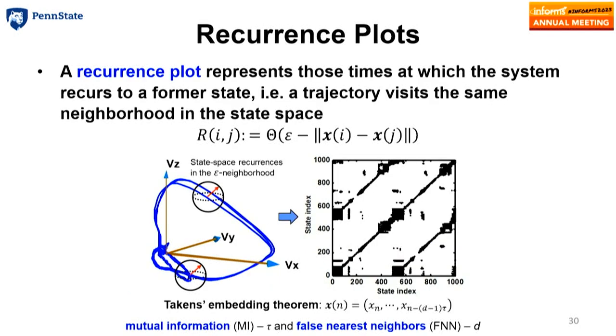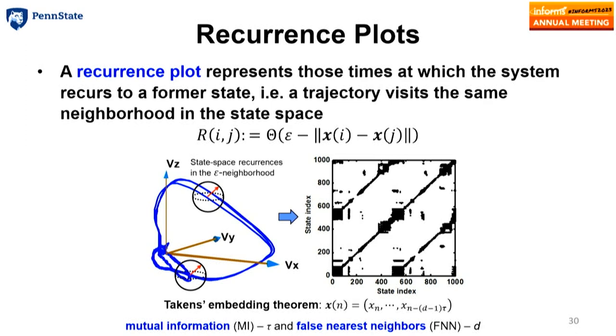So the recurrence plot, as we previously discussed, we put the data in a higher dimensional space. Now, in higher dimensional space, if we look at a state, and if we put a circle over there, we see some neighbors or recurrences, because that's neighborhood A, and we see some states coming back after a while. So the recurrence plot represents those times at which the system recurs to a former state.